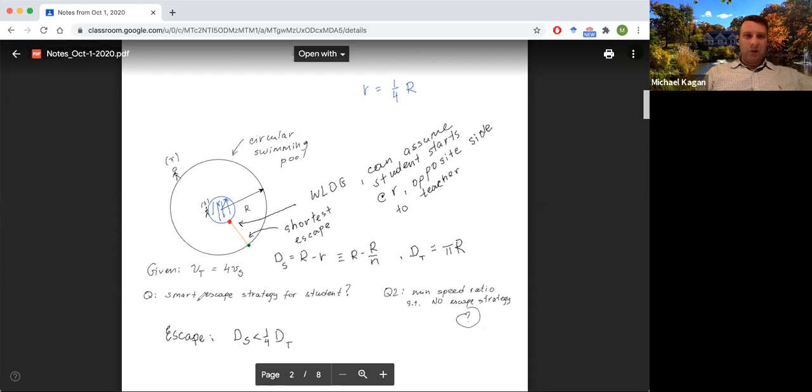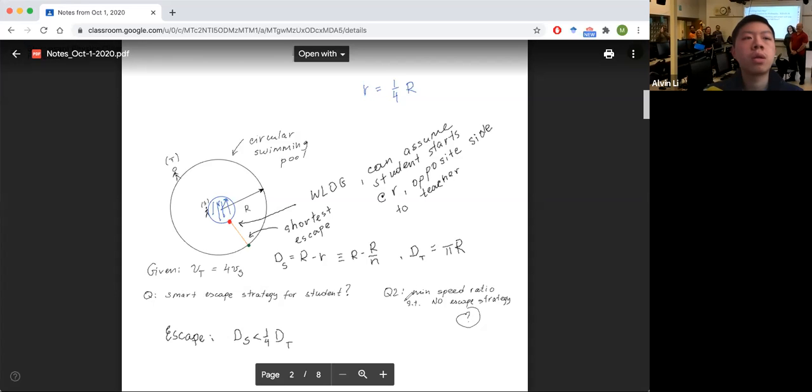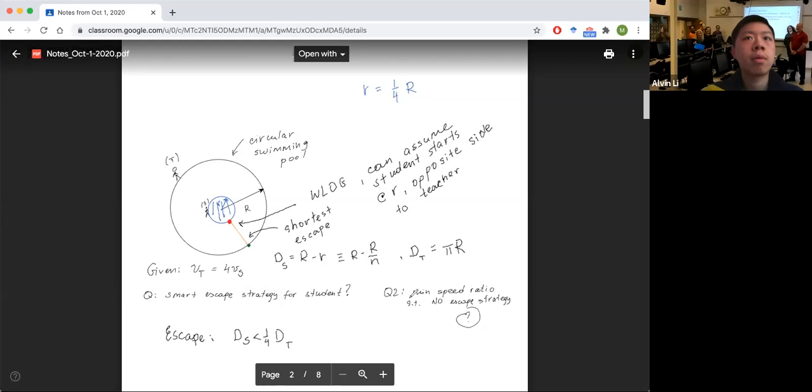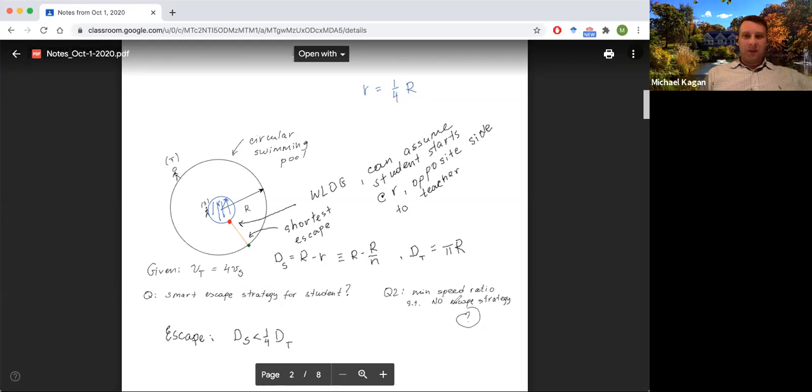If you present that and it works, then you're good. But with question 2, you have to be super thoughtful, right? You have to actually see which strategy is better and what is the best, which gives you the maximum possible speed ratio. So we'll revisit this question when we get to question 2. And that probably won't happen today, okay? Maybe at the end if we have time.